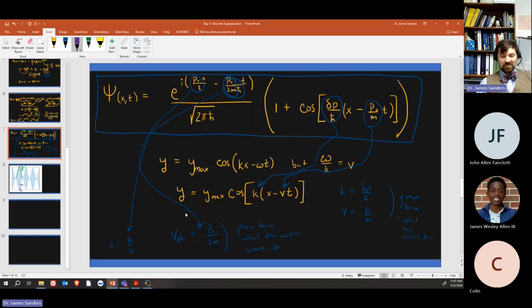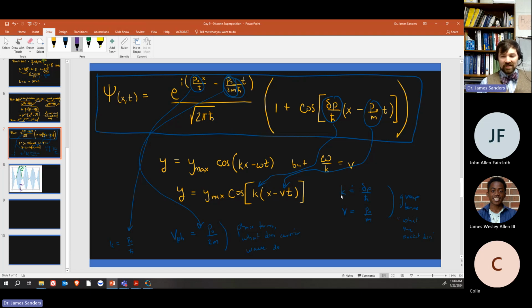And looking at the forms we have here, V phase in this case is less than V group. And that is kind of obvious from the P naught over M and P naught over 2M. Now we look at the Ks. This is P naught over H bar. This is dP over H bar. dP is supposed to be much less than P naught.